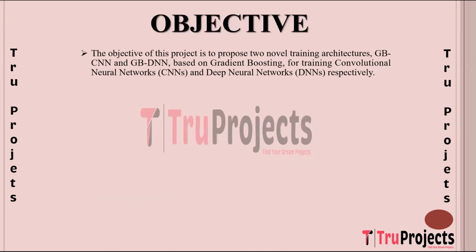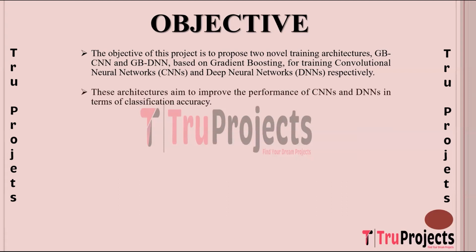Objective. The primary goal of this project is to introduce two innovative training architectures, GBCNN and GBDNN. These architectures are tailored for training convolutional neural networks (CNN) and deep neural networks (DNN), respectively. Both architectures leverage gradient boosting, a technique known for its effectiveness in combining weak learners to create a strong predictive model.